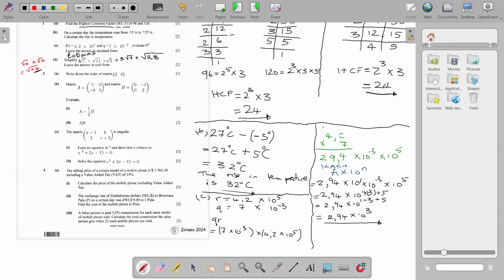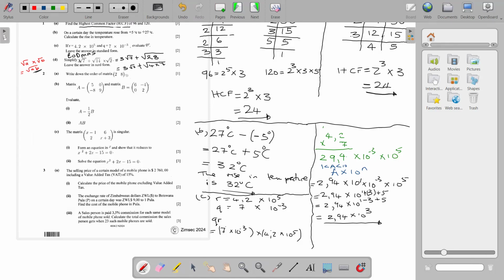But 28 is having a number which is a perfect square. So 3 root 7 plus root 28, which has a perfect square, 4 times 7. If we have two numbers which are multiplying, we can separate them that way.